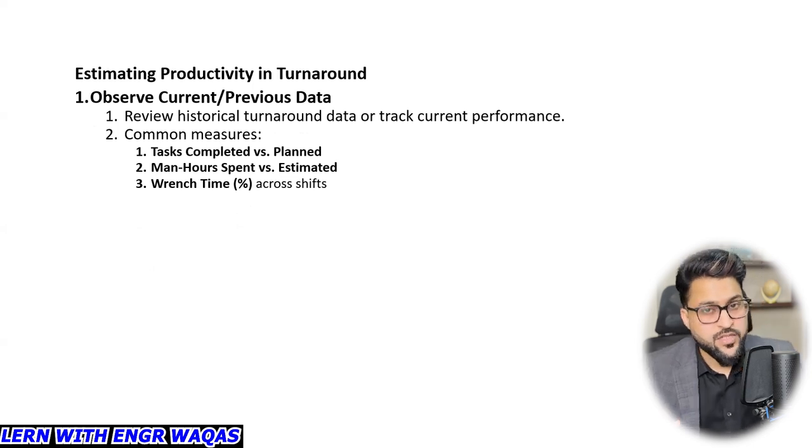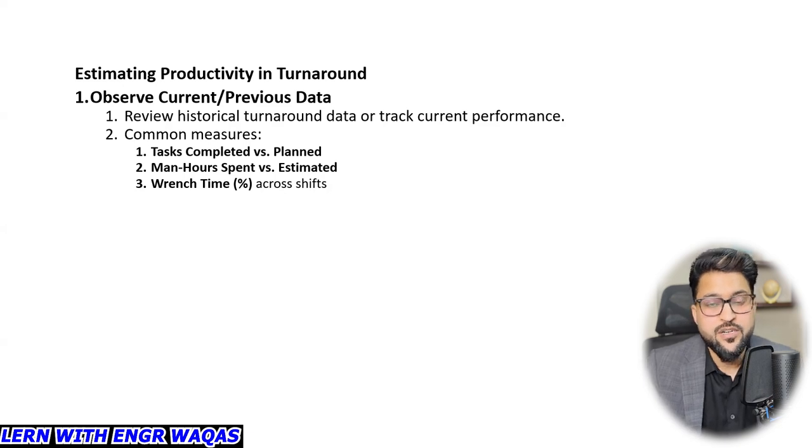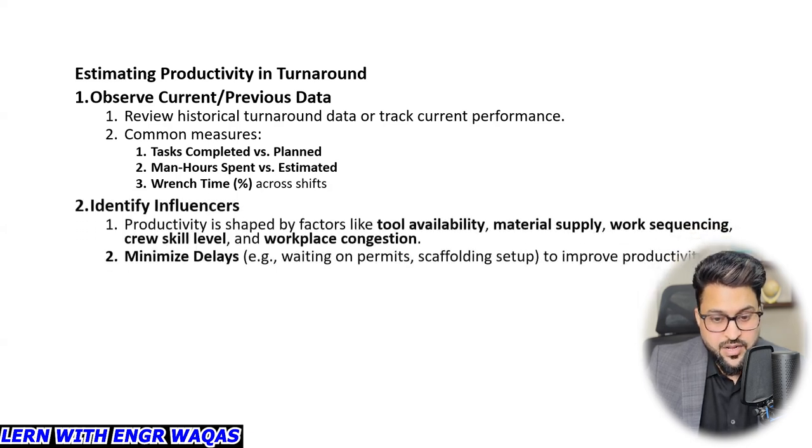The same, the previous shutdown will serve as lesson learned for this current, ongoing shutdown, right? So, tasks completed versus plan, man hours spent versus estimated from our previous shutdown or turnaround are going to serve as lessons learned to calculate our wrench time.